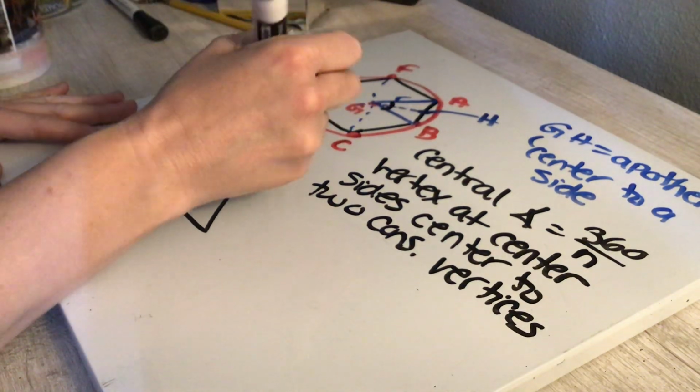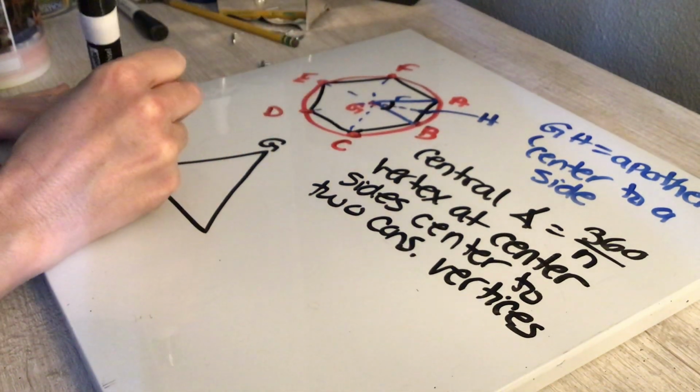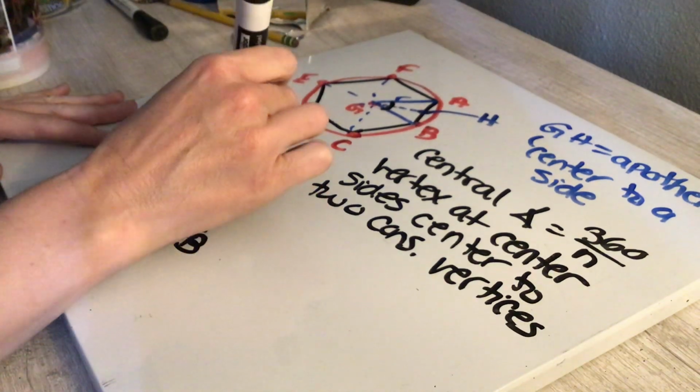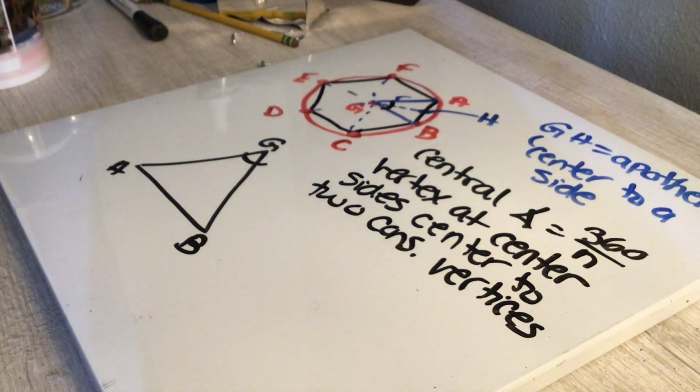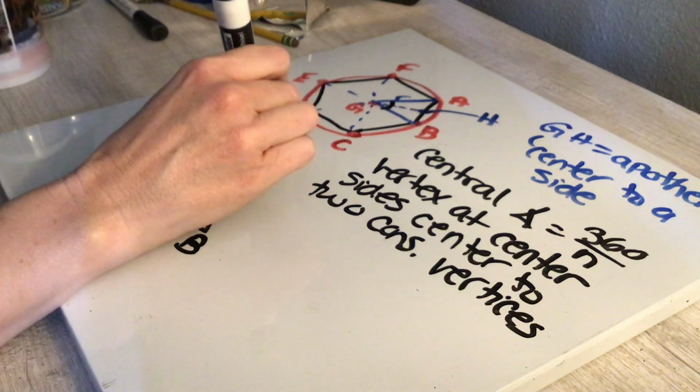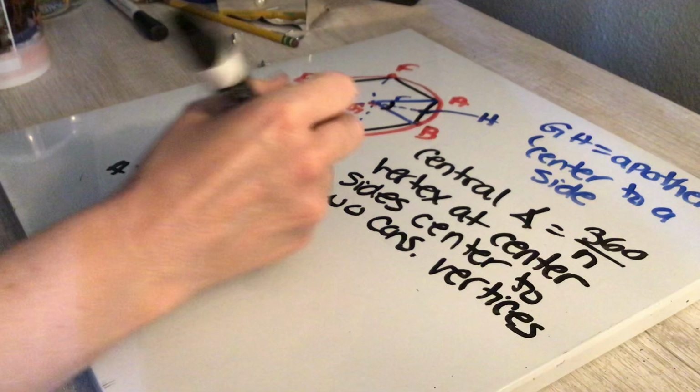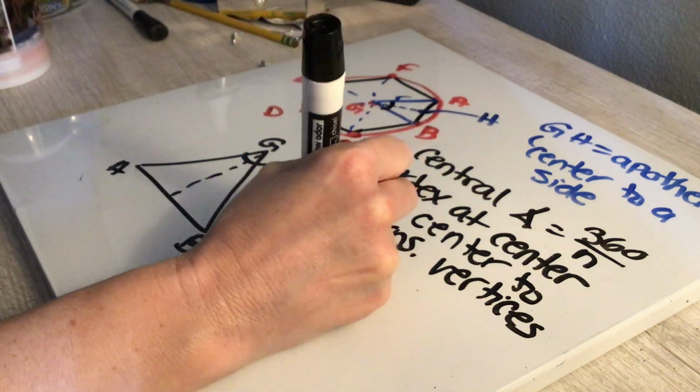If I just take out this triangle, we're going to say this is G, A, and B. This is the central angle. Then you draw in the height, and it bisects the central angle.